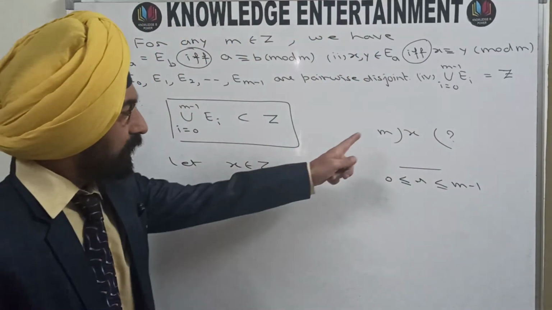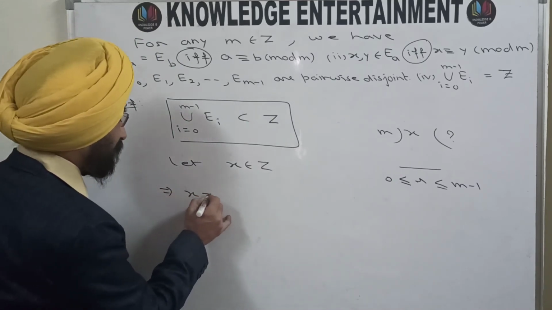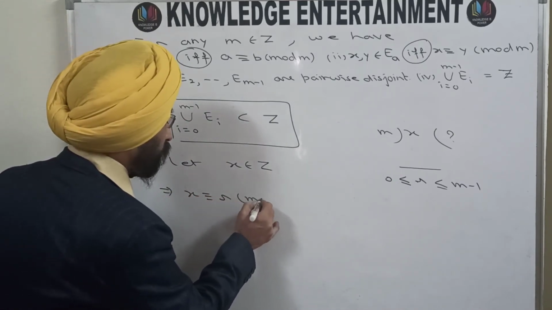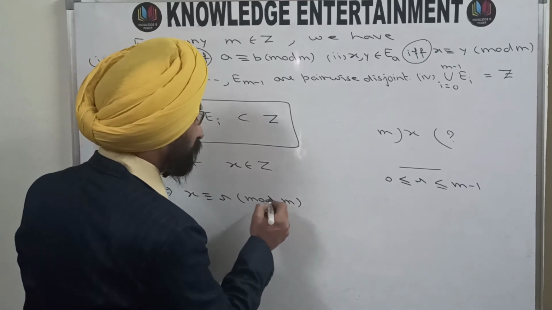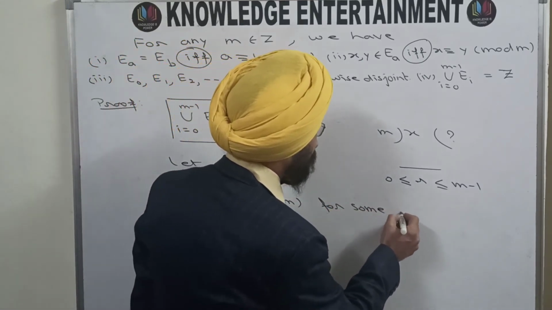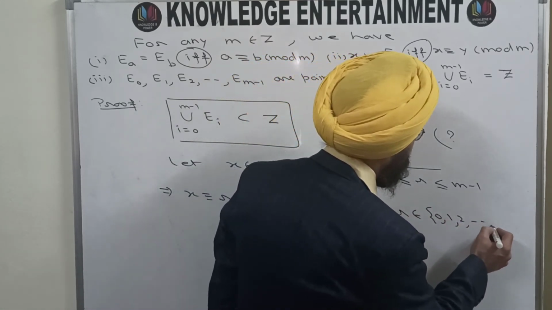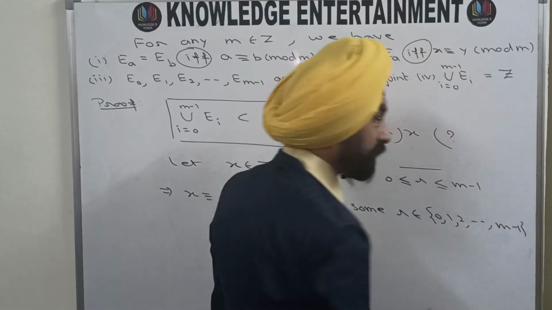So that means your x is congruent to r modulo m for some r belonging to the set 0, 1, 2, 3 up to m minus 1.